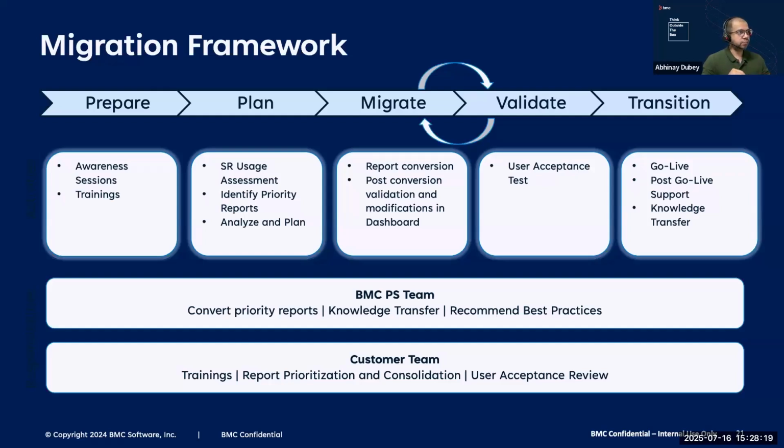So usage assessment of smart reporting. Next comes, you cannot do everything at the same time. So we need to identify what are the top priority reports, and how we can filter some of the ones out, and we focus only on the priority reports.